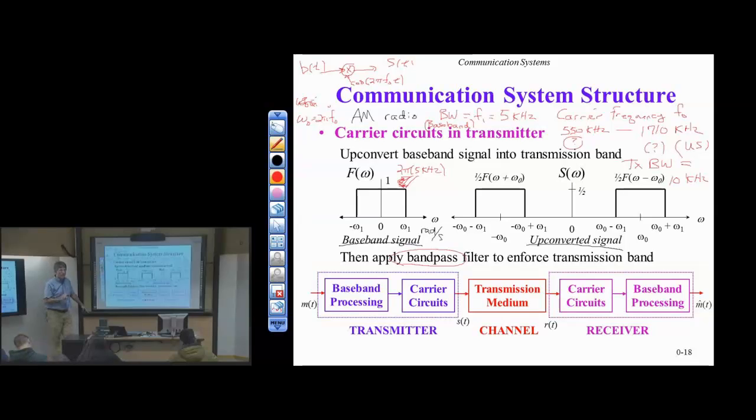Some effects that are not completely predicted by a linear time invariant analysis, which is what this sort of is, or linear system analysis. This is time varying. So in the implementation, you follow it with a bandpass filter, and that bandpass filter would pass the transmission band and try to attenuate frequencies outside that transmission band. So we don't interfere with other AM stations.